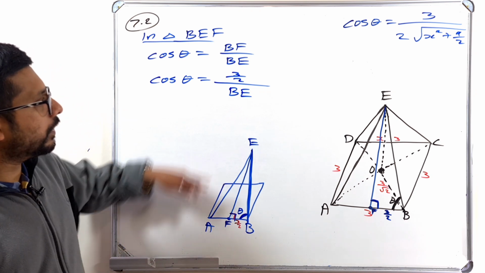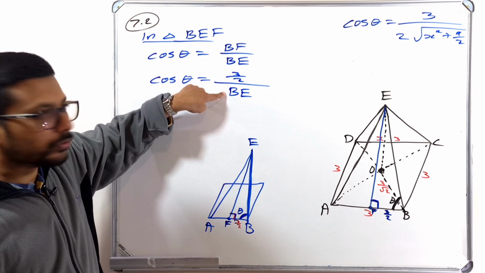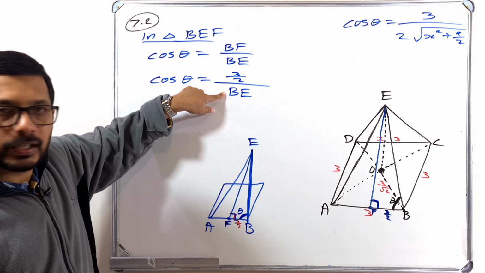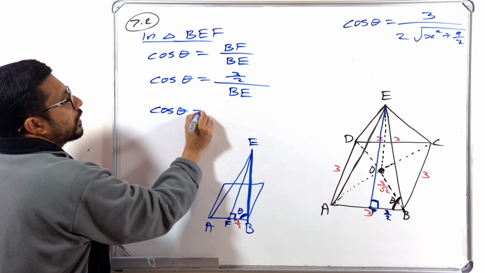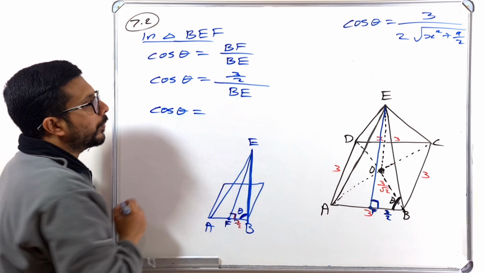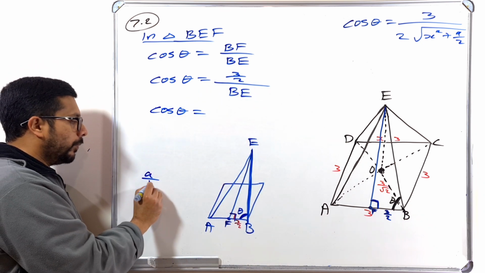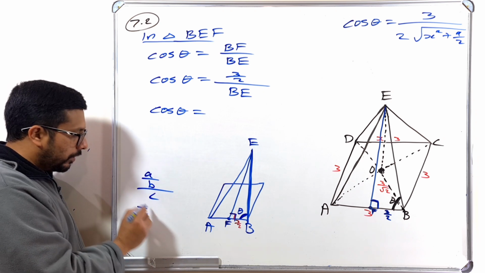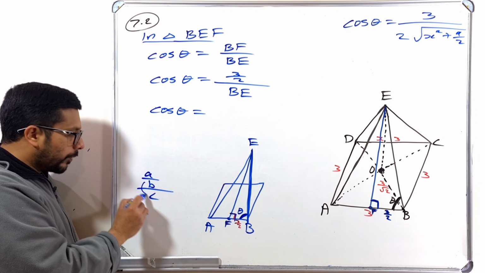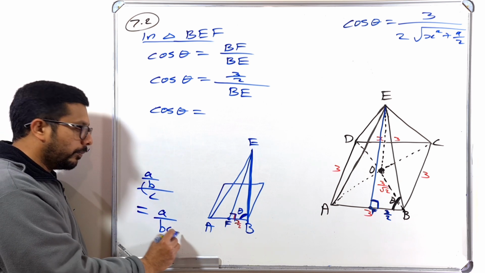So here we can see that we got a 3 here, and this 2 will go to the denominator. Now in small classes you studied A by B divided by C. How can you write? You just multiply these two. That means A divided by BC.